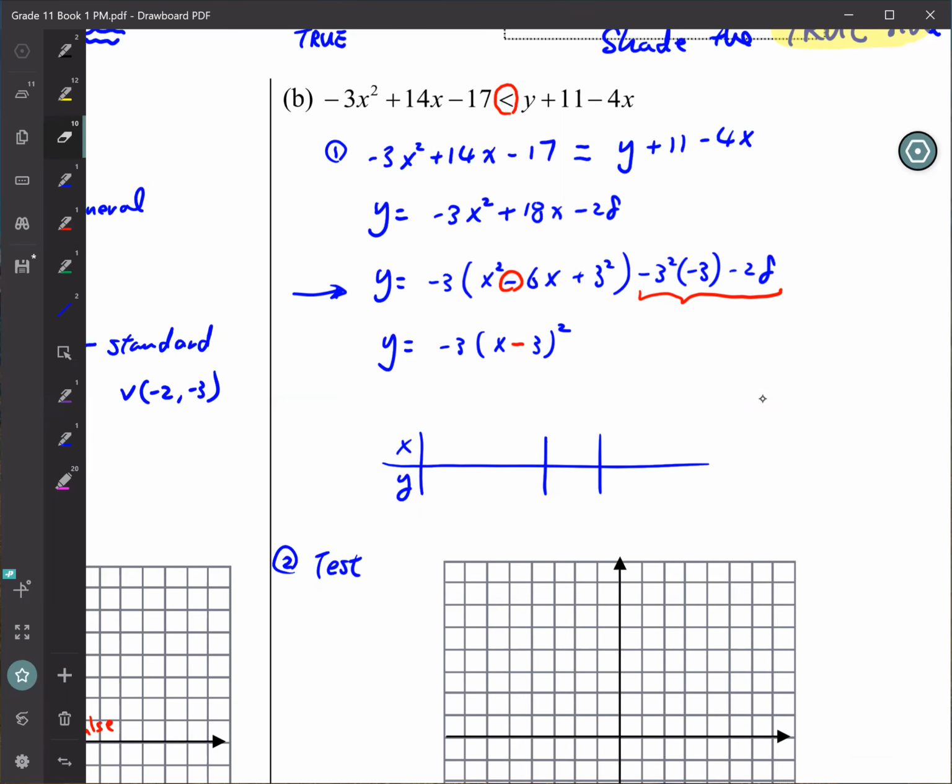So to figure this out, you do the 3 square. What's 3 square? 9, right? So you write it as minus 9. The minus is always there. Okay, so minus 9 times negative 3 minus 28. You try that one more time and tell me what you get.